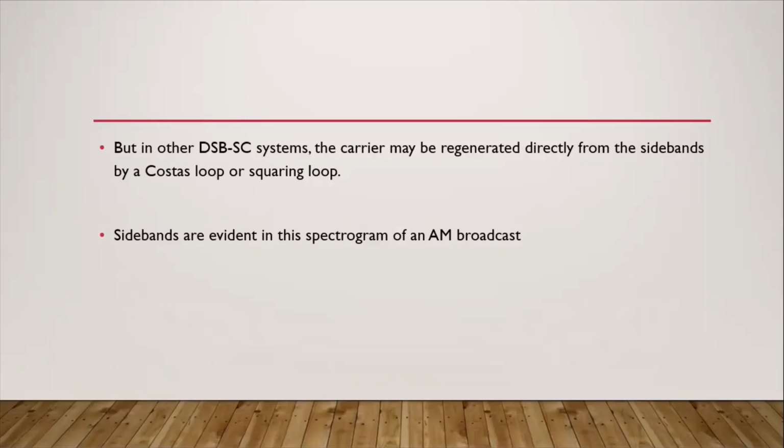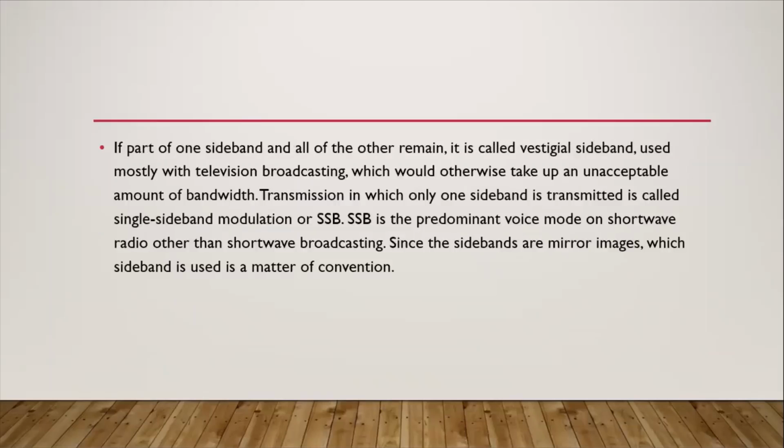Sidebands are evident in the spectrogram of an AM broadcast. Okay, if part of one sideband and all of the other remain, it is called a vestigial sideband. Okay, kung isang part, since dalawa yung sideband, sa upper sideband at saka sa lower sideband, if part of one sideband at yung other sideband ay remain, ang tawag na doon ay yung tinatawag nating vestigial sideband.